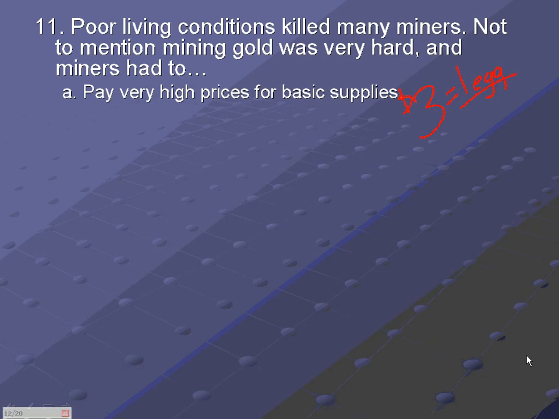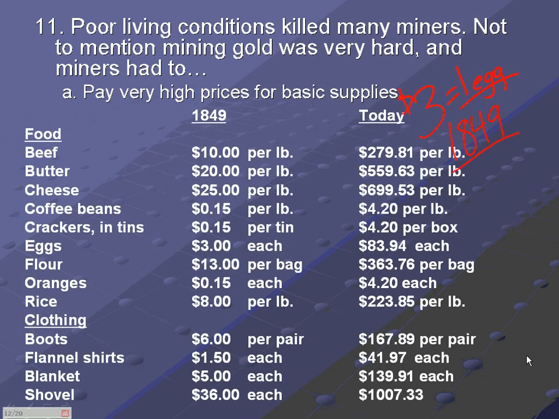Seems like a lot of money, right? Well, now what you have to think about is that's $3 in 1849. So what we see is a very large increase in the prices when you look at today's prices.